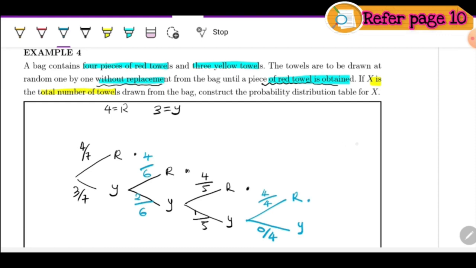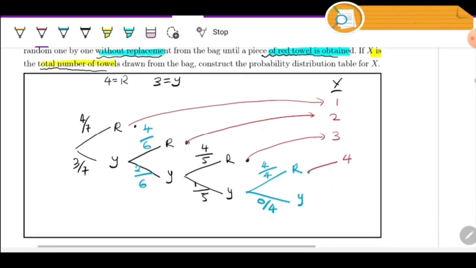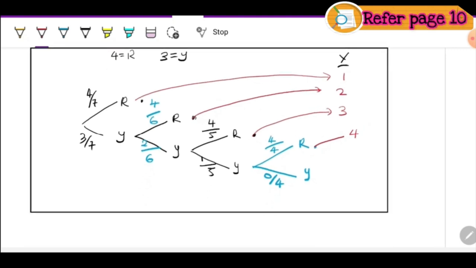So, at the end of the tree diagram, write the number of towels, because X represents the number of towels. So here, the total number of towels is 1. The total number is 2. For this case is 3 and 4. So construct a table to represent the number of towels and the probability.